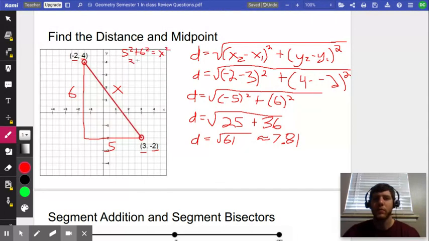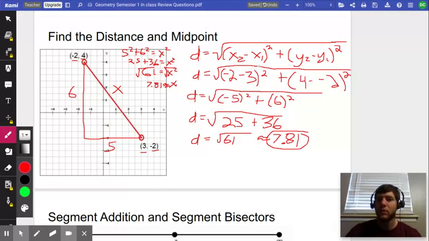And that's 25 plus 36 equals x squared. So 61 equals x squared. So you square root both sides, and you'd get approximately 7.81 equals x. So you can use the distance formula, or if you want to use the Pythagorean theorem, that's fine, because the Pythagorean theorem is essentially the distance formula. They're the same thing.